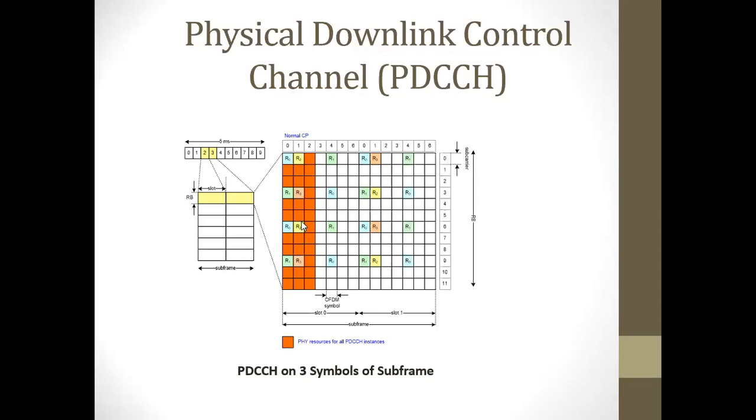Now, the control region will have 10 different PDCCH messages within it, and these messages will be dedicated for those 10 people. The different messages are dedicated for those different people. One guy doesn't read the message for somebody else.